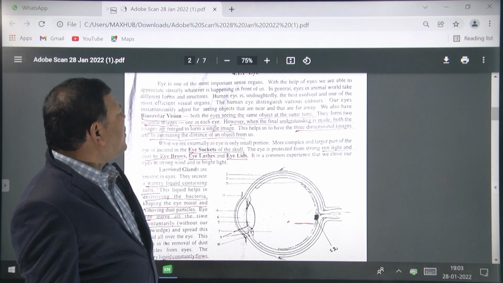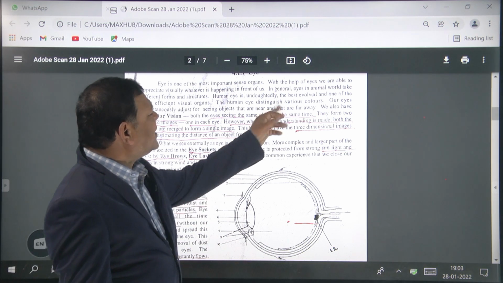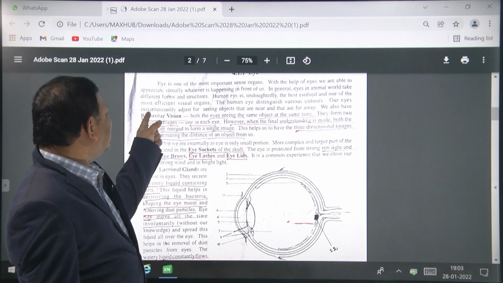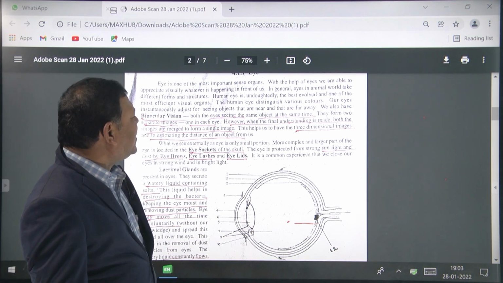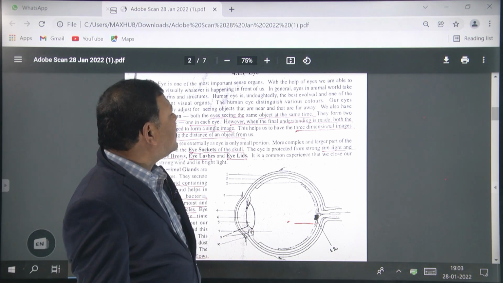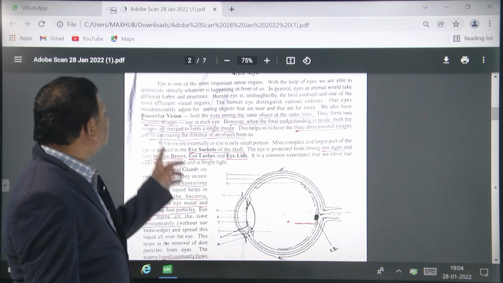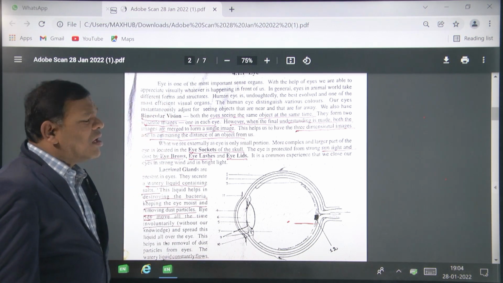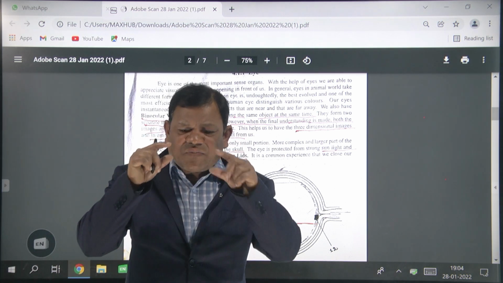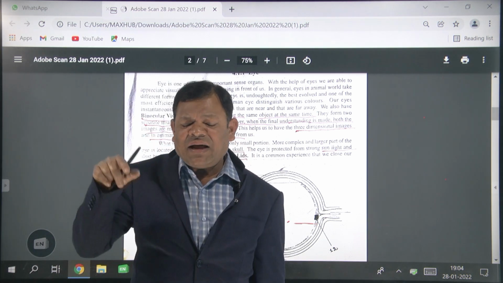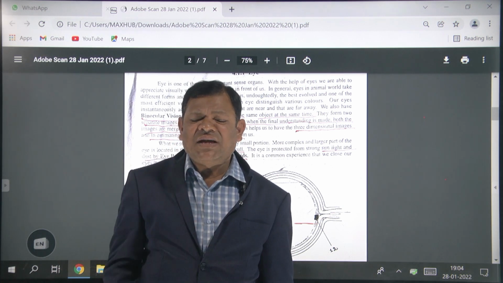Next, the human eye distinguishes various colors. Our eyes instantaneously adjust for seeing objects that are near and that are far away. We also have binocular vision. What is binocular vision? We can see with the help of two eyes, and in the end only a single image is formed.